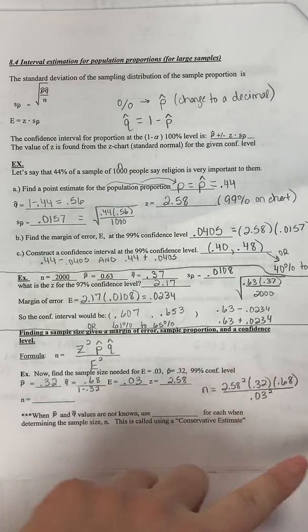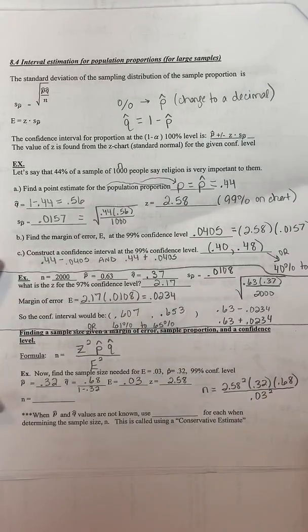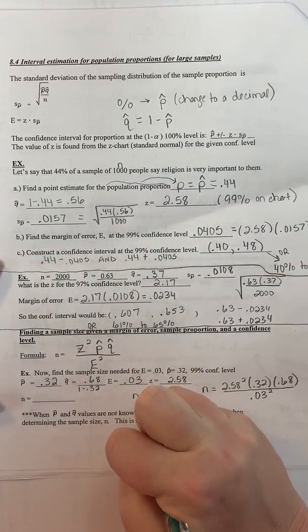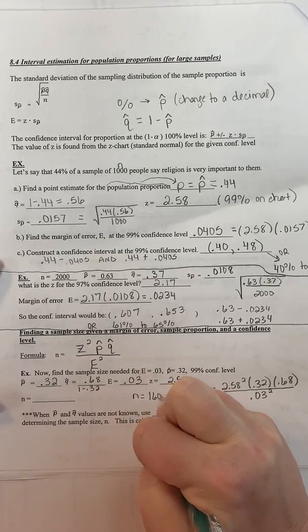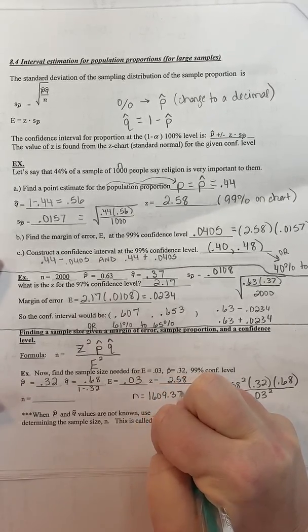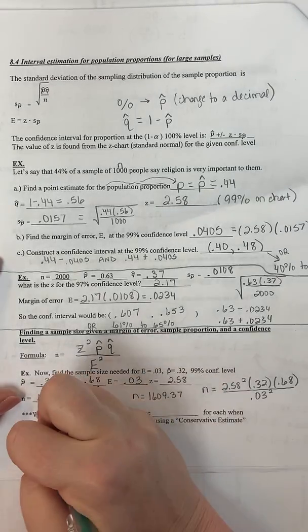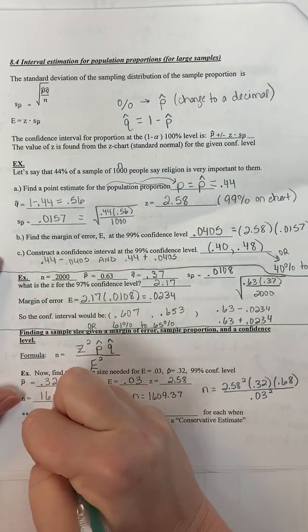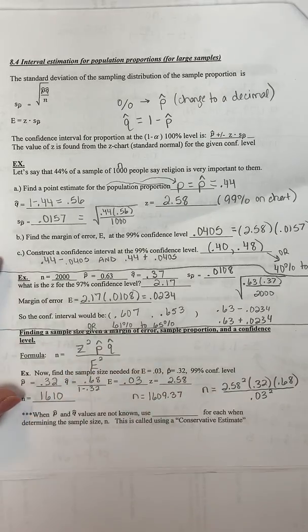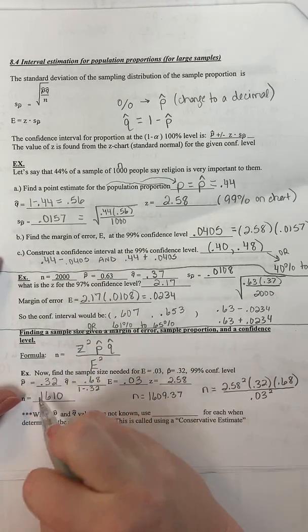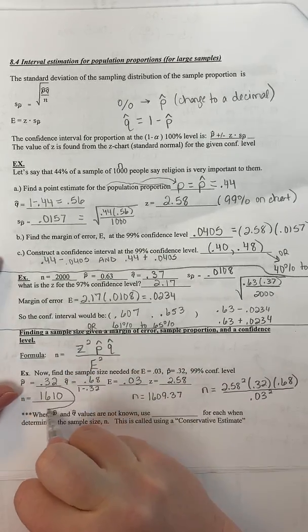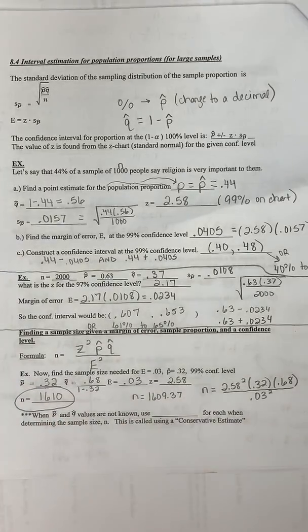Put that in your calculator. I came up with 1609.37. So what is my final n going to be? I've got to round up to a whole number. 1610 is what I end up with as my final n, my final sample size.